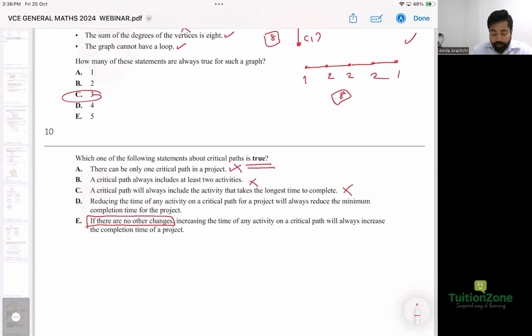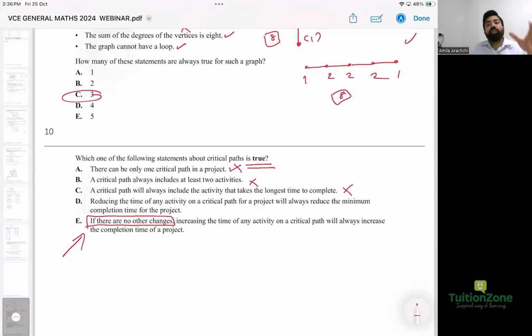Not really. Sometimes if we decrease one activity, another path may become critical and the minimum time won't change in some cases. I'm not saying every time, but this one is always true. If we increase it, what's going to happen? Your EST changes, isn't it? If you change your value, EST changes.